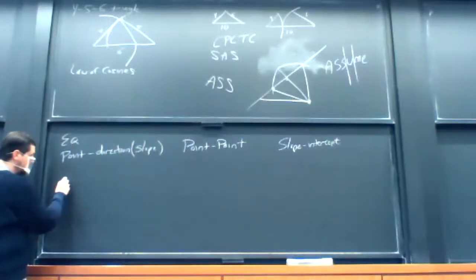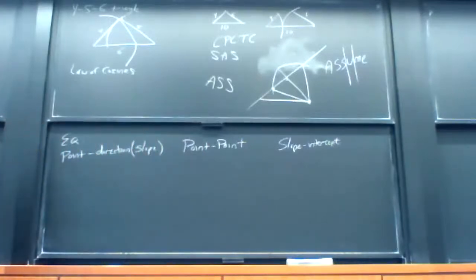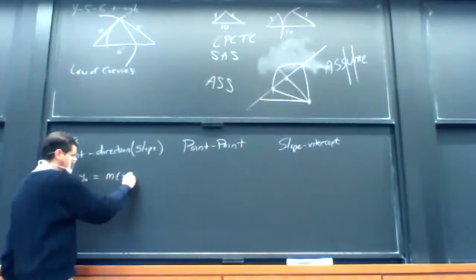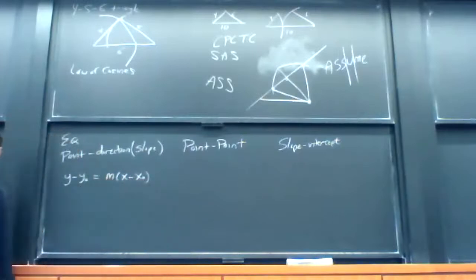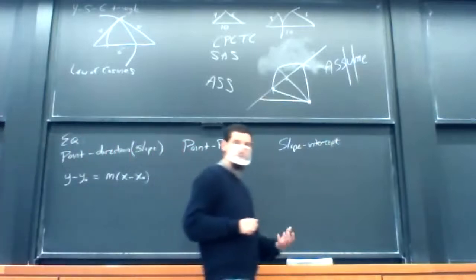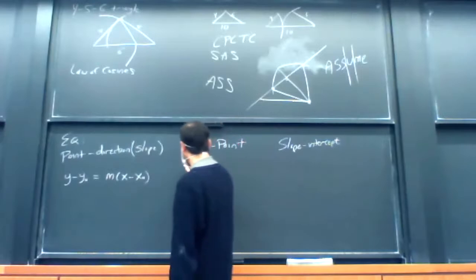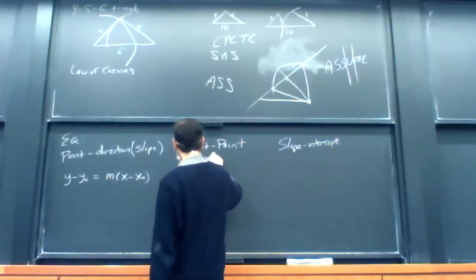And so here, how would we do it with point direction? We would go y minus y naught equals m times x minus x naught. And that's how we would do it with, I give you a point and I give you a direction. I give you a slope. With two points, I first calculate the slope, which is y1 minus y naught over x1 minus x naught.